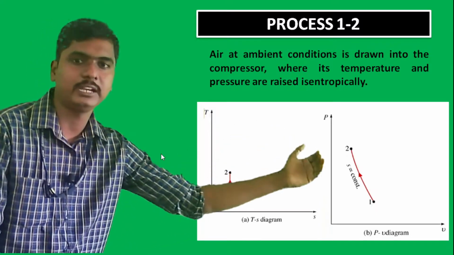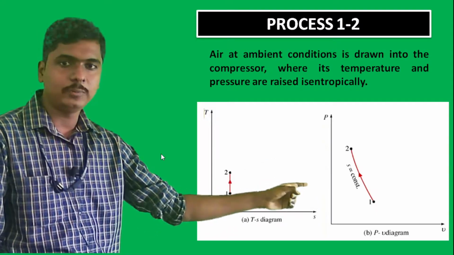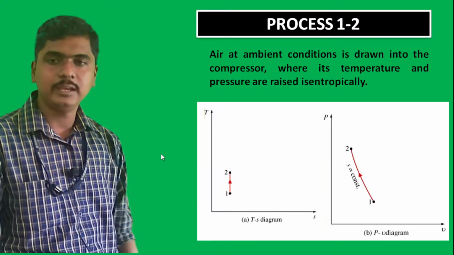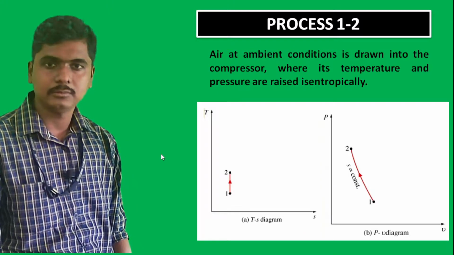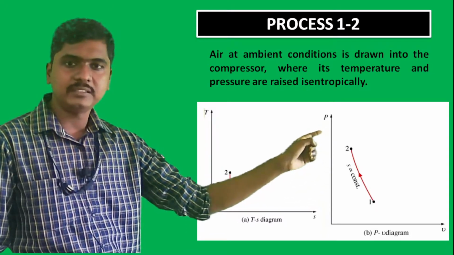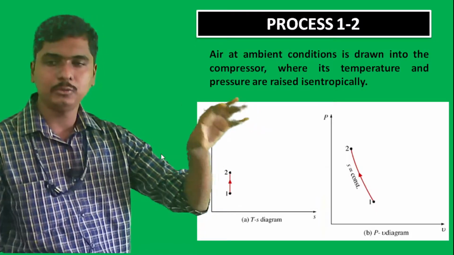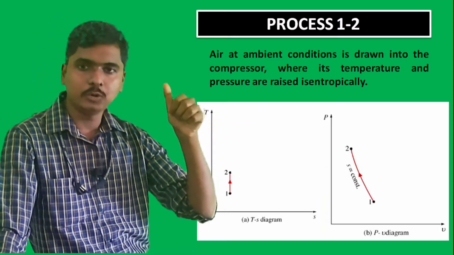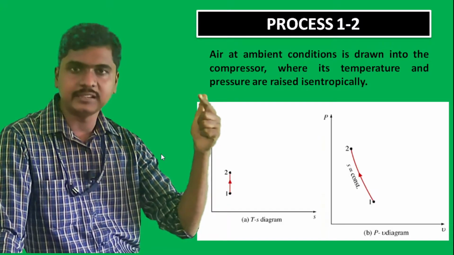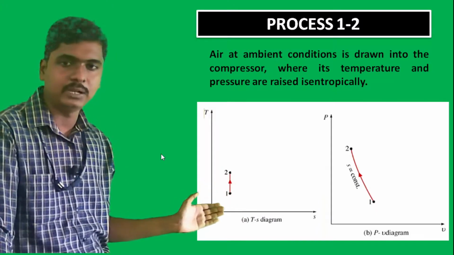Same thing we have plotted in the PV diagram also. In the PV diagram, an isentropic process will be a curved line. Process 1 to 2 will be a curved line. Here also you can see from process 1 to 2, pressure is going to increase, since inside the compressor, when we compress the air, both temperature as well as pressure increase.